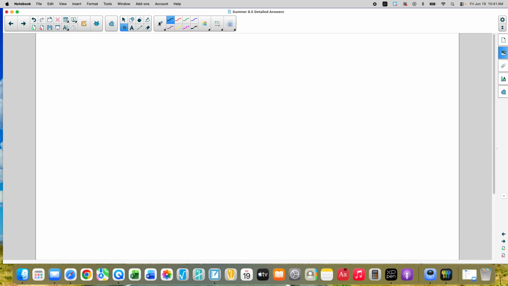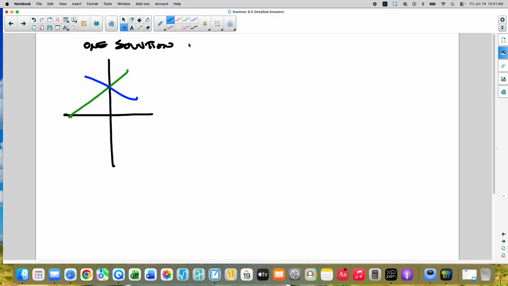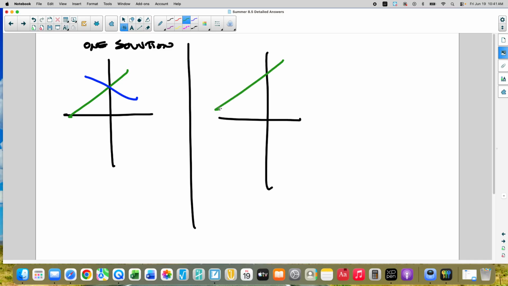We have a situation where you have two lines, and this is one solution. When you have two lines that are parallel to each other, that is going to be no solution, and that's a false number statement.